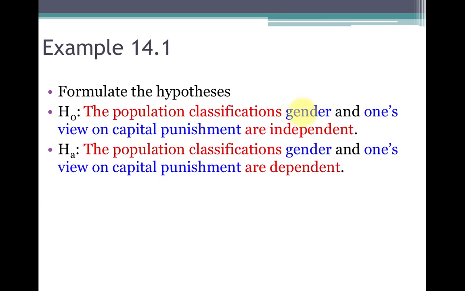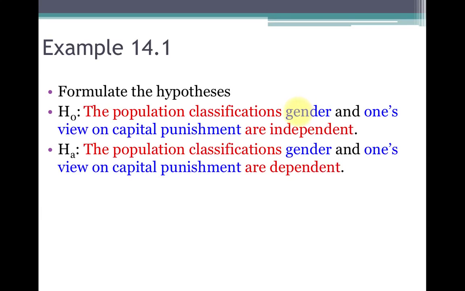If you don't know exactly what the classifications are from reading the problem, you should jump ahead and look at the table, because the table will be labeled with a column classification and a row classification.